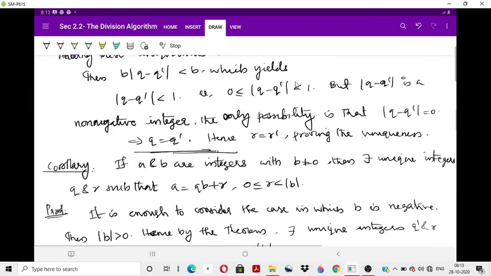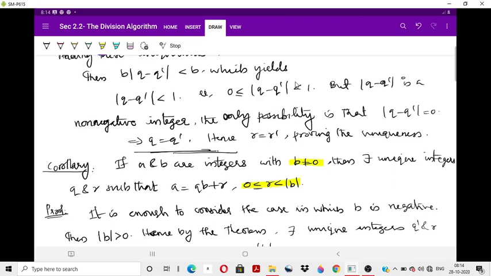So the corollary statement is, if a and b are integers with b not equal to 0, b is just a non-zero integer, no need of being positive, then there exist unique integers q and r such that a is equal to bq plus r and 0 less than or equal to r, which is strictly less than mod b.